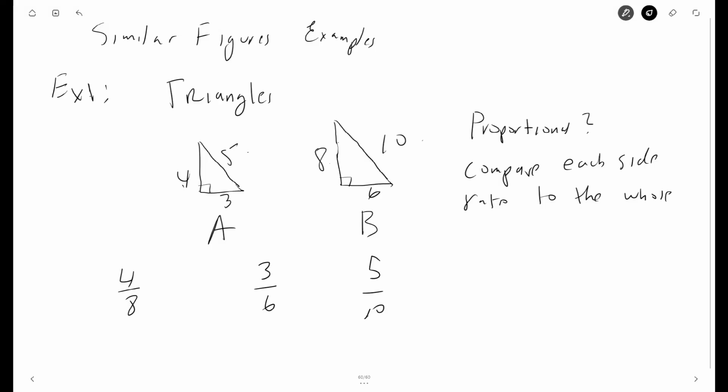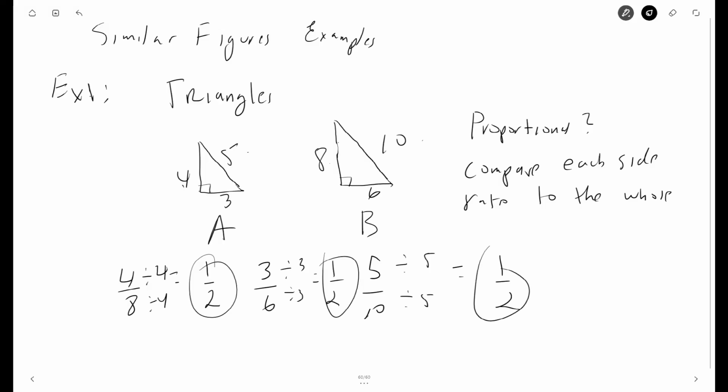Now let's simplify. 4 divided by 8, we divide top and bottom by 4, because that's the highest we can divide by, and we get 1/2. We divide top and bottom by 3 and get 1/2. Top and bottom by 5, and we get 1/2. If you notice, 1/2, 1/2, and 1/2.